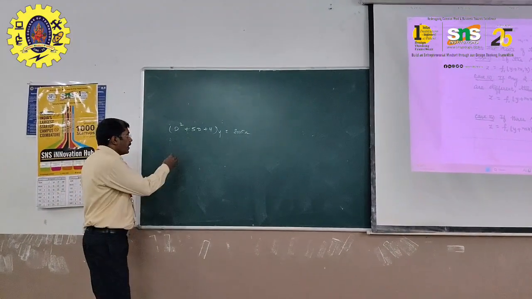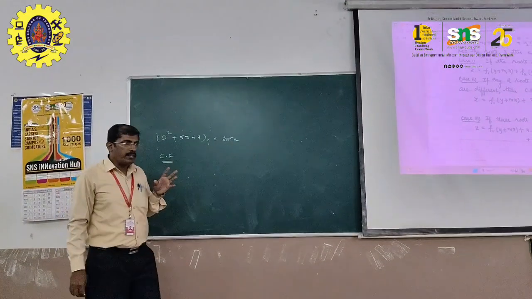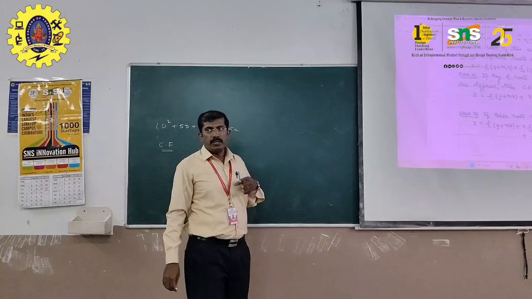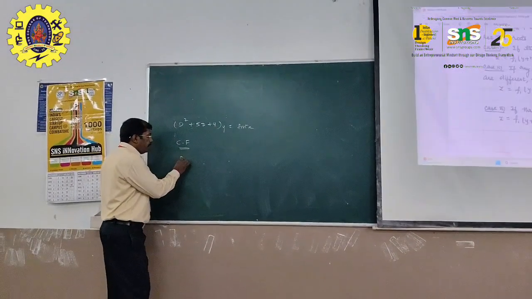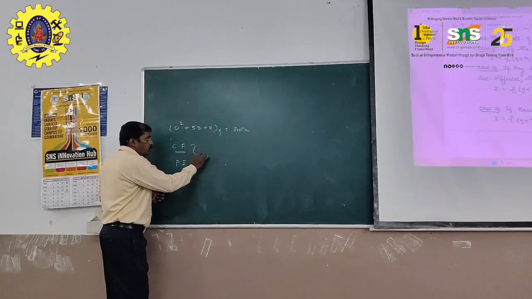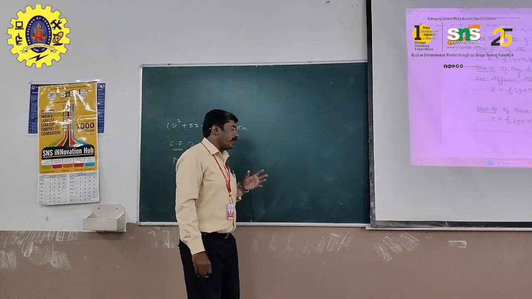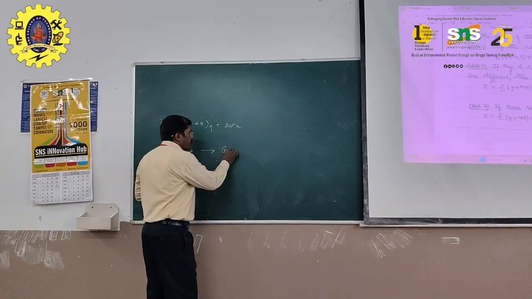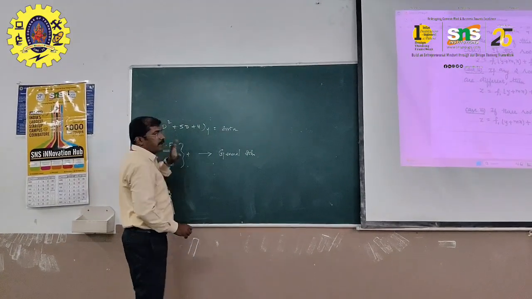One is called the complementary function. The other one is the particular integral. You should have studied this in the previous semester. Adding these two, we get the general solution, the final solution. This was the idea to solve the given differential equation.